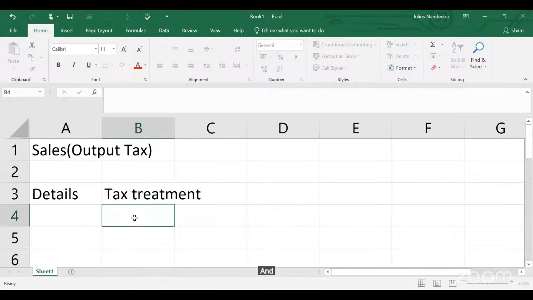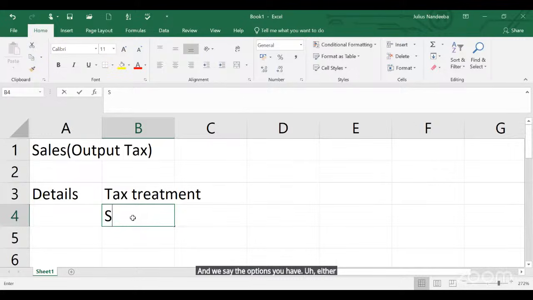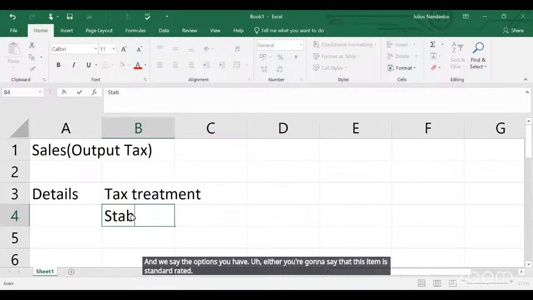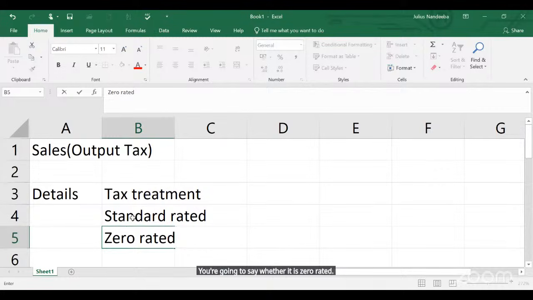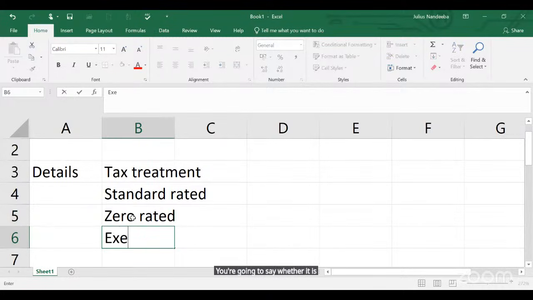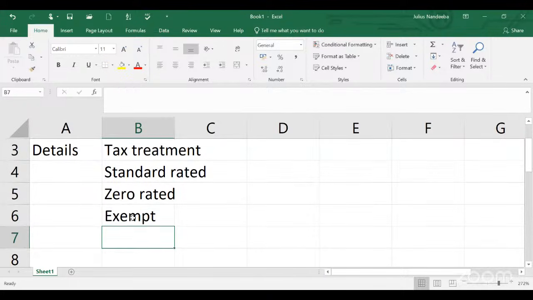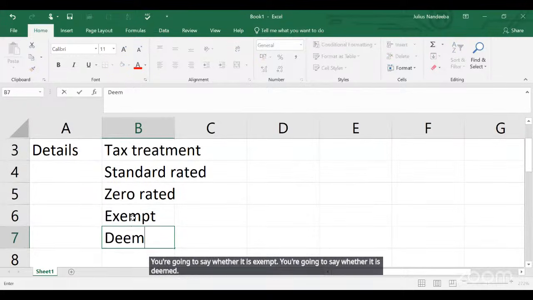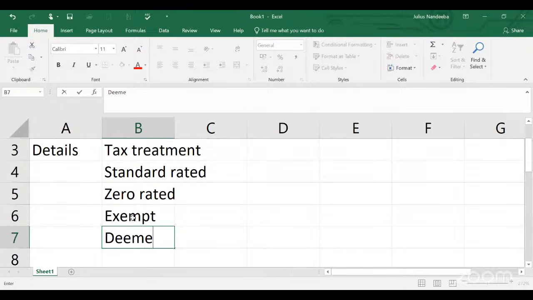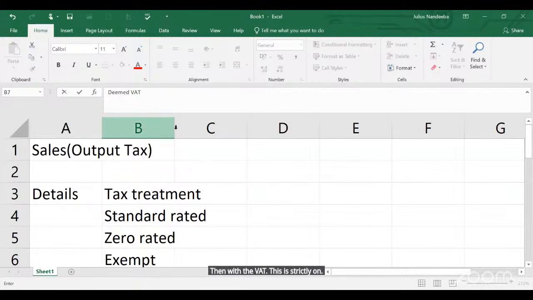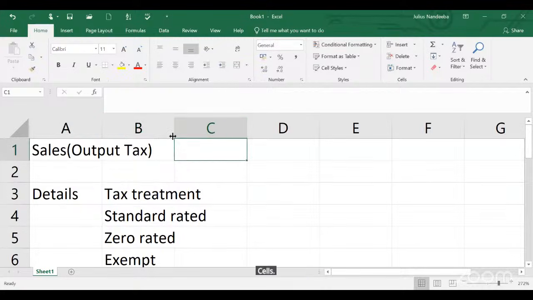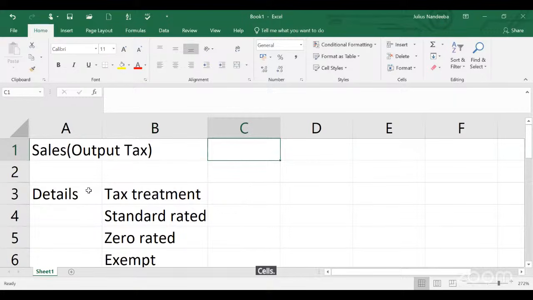And we say the options you have are either you're going to say that this item is standard rated. That is if you're satisfied that it is standard rated. You're going to say whether it is 0 rated. You're going to say whether it is exempt. You're going to say whether it is deemed VAT. This is strictly on sales. So this is your second column.